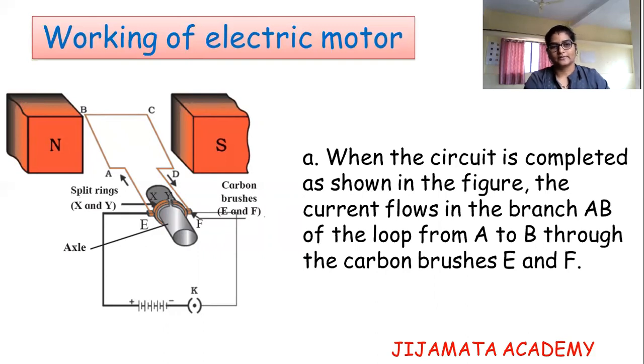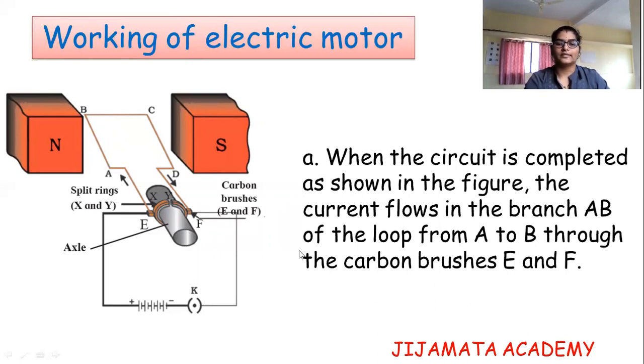So when current reaches carbon brush E, it will enter into the rectangular loop. And from this loop, it will flow from A to B in branch AB.